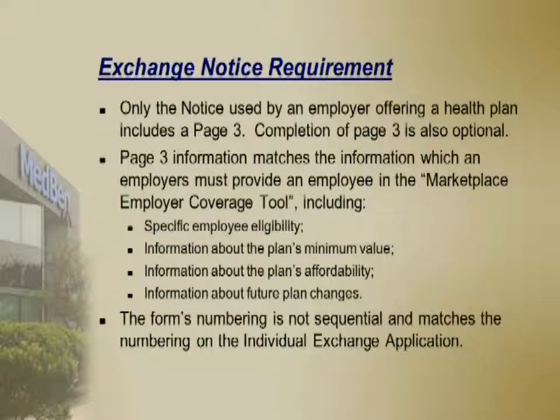And this is where I think not using the model notice, or using a modified model notice, is something to consider. Page 3 is the equivalent of what's called the Marketplace Employer Coverage Tool, and we're going to talk about that in a minute. That's something that is required from the employer anyway in the event an employee goes to an exchange and is seeking financial assistance.